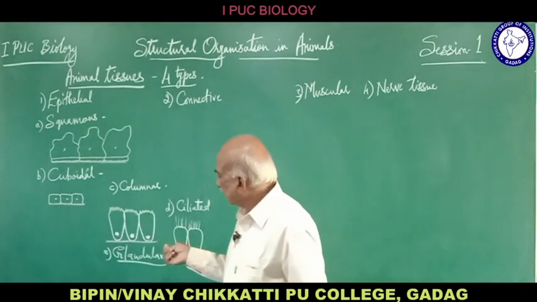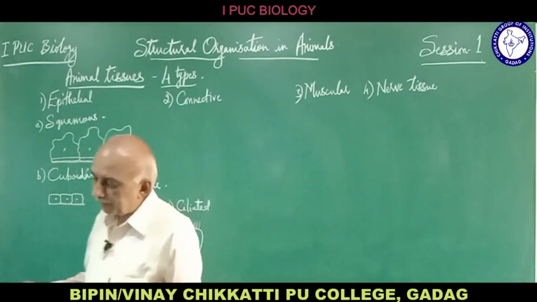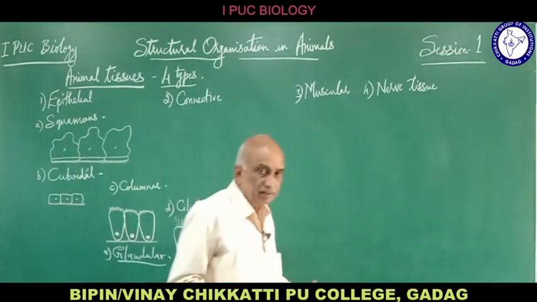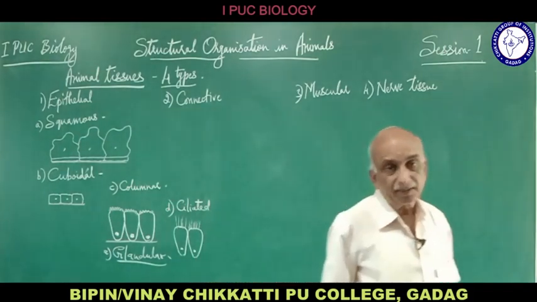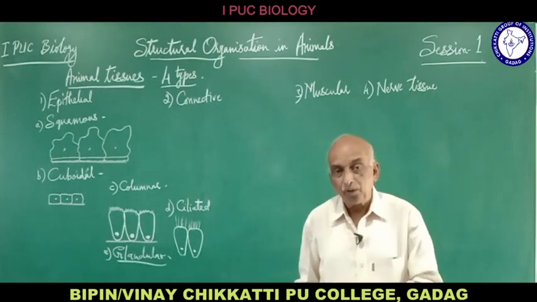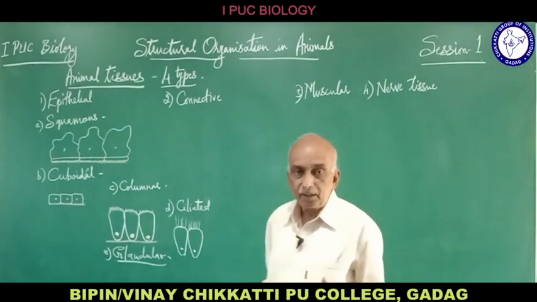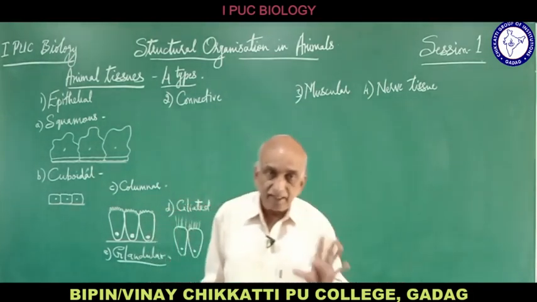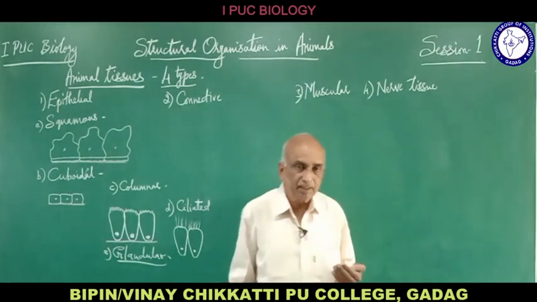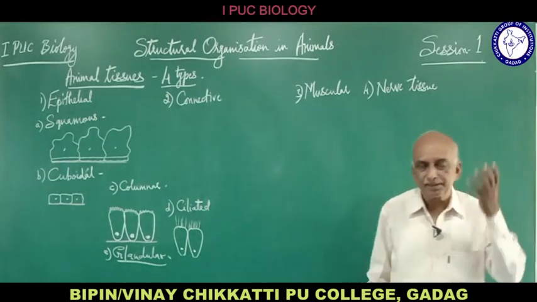Again, the glandular epithelium may be unicellular or multicellular, meaning it is made up of a single cell or many cells. There are glands which are made up of a single cell, for example, goblet cells. In the wall of the stomach, there are goblet cells, which are single, and they secrete mucus in the gastric cavity and help in protection.